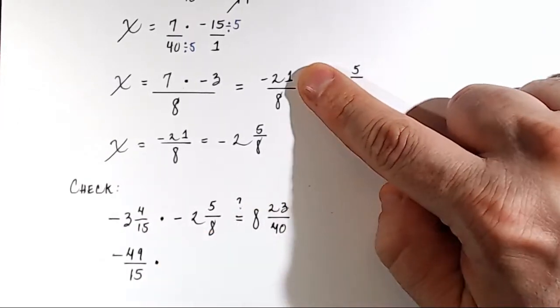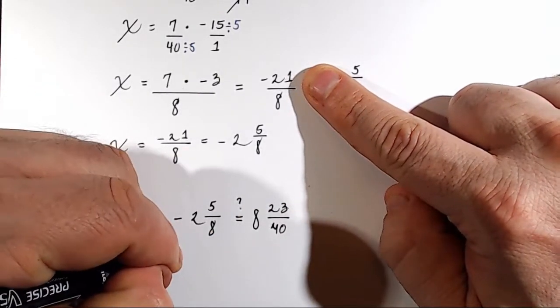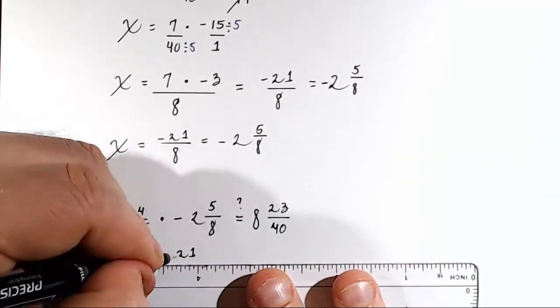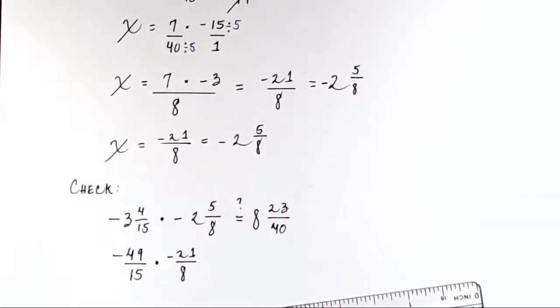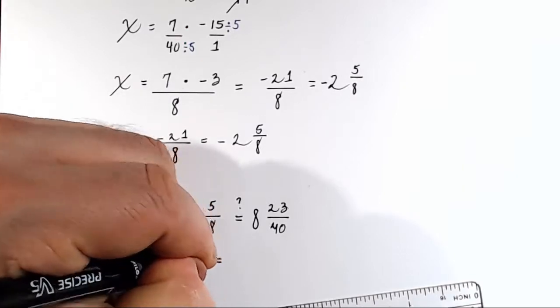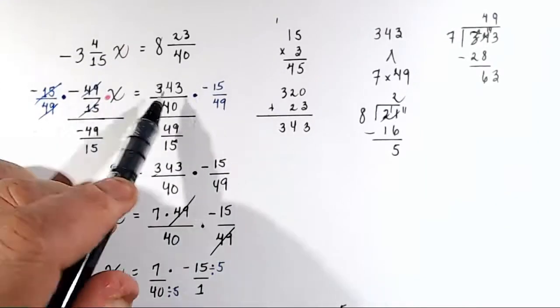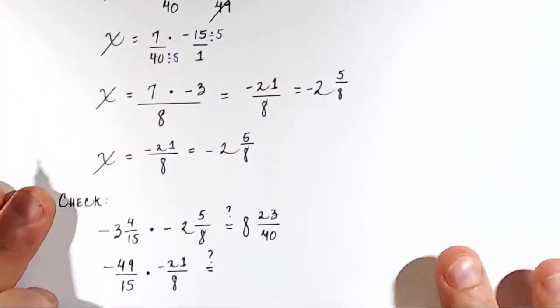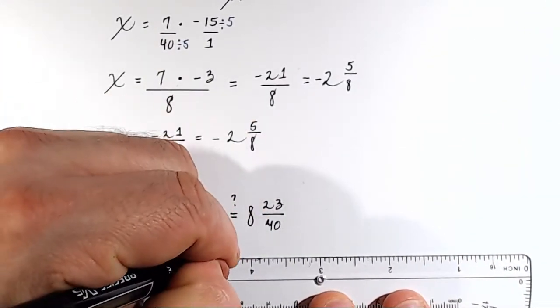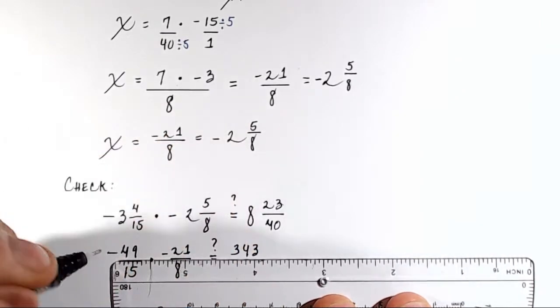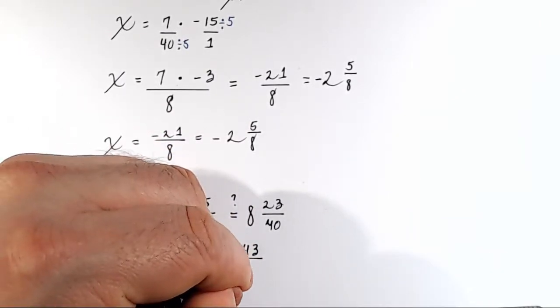Well, we found it right here. It was negative 21 over 8. Okay, equals, question mark, we want to know. And then 8 and 23 fortieths was converted into 343 over 40. So over here, I'll write 343 over 40.